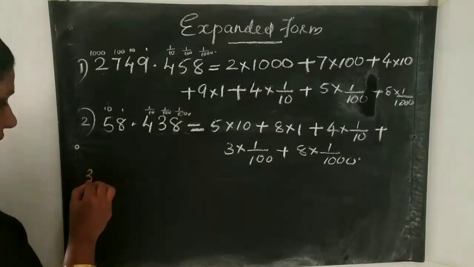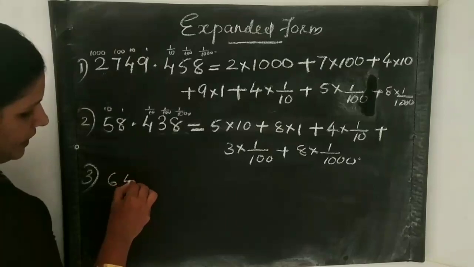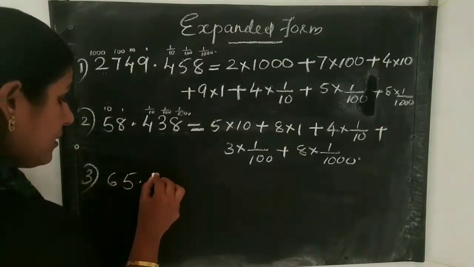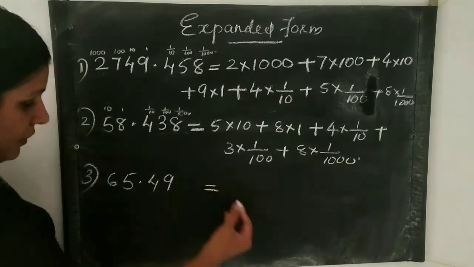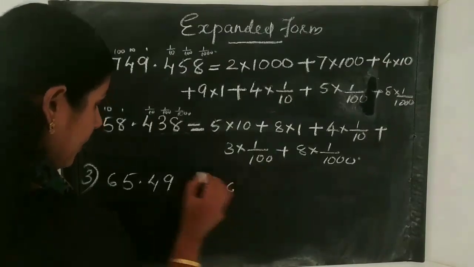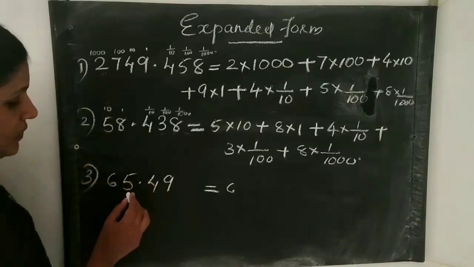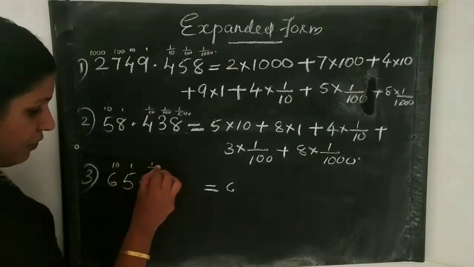Then the third question is 65.49. Okay. First you write on the top, isn't it? So ones, it is tens. It is 1 by 10.